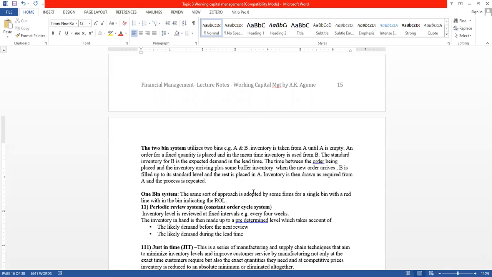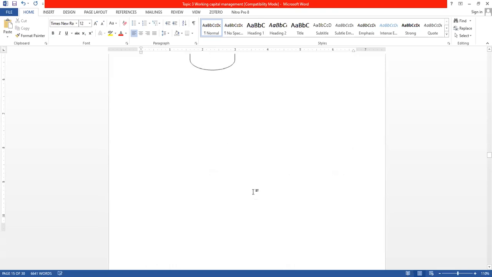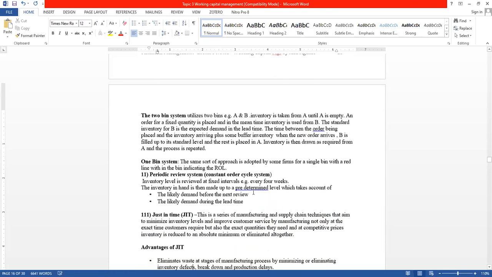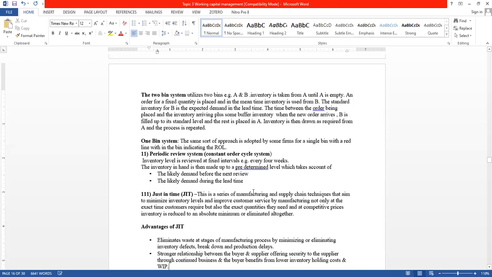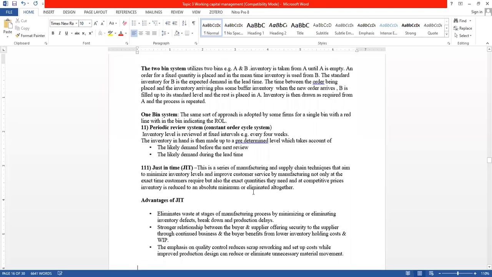So once you are using a one bin system, okay, you find that maybe each bin has a red line within the bin, and that red line indicates the reorder level. So meaning that once you get the inventory out and you reach that line, then of course you need to press an order. Then there is the periodic review or constant order cycle system.